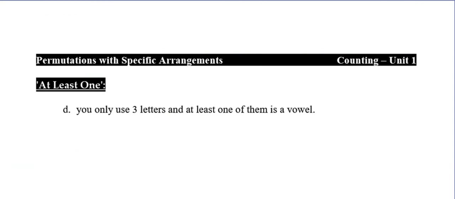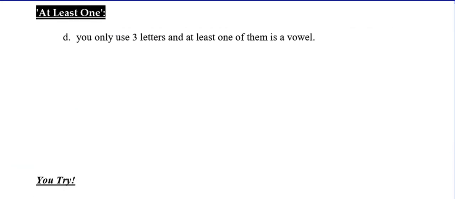The last type of example are questions that involve the word at least one. And the key is it's at least one. So that means 1 or 2 or 3. So in this case, this is an nPr example because we are only using 3 of the letters.